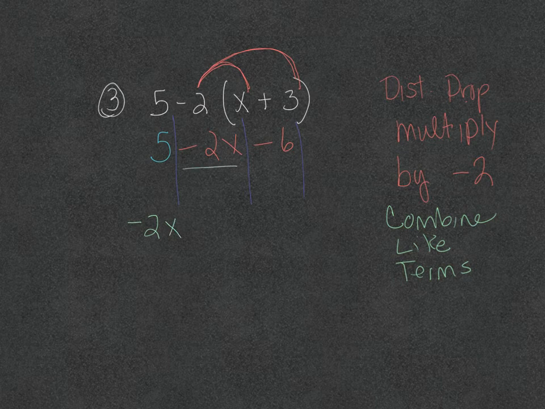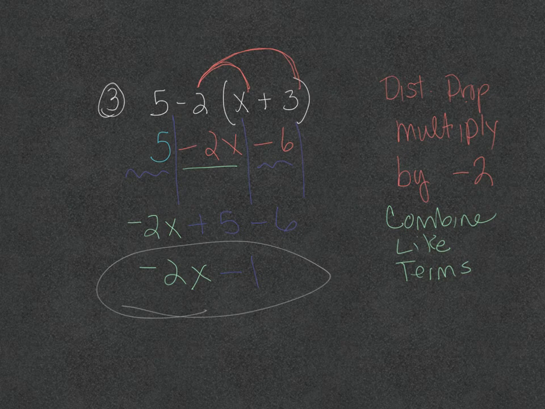But then I notice that I do have a positive 5 and a negative 6. So the negative 2x will drop down, and then I will combine the positive 5 minus 6 to a negative 1, and there's my expression simplified.